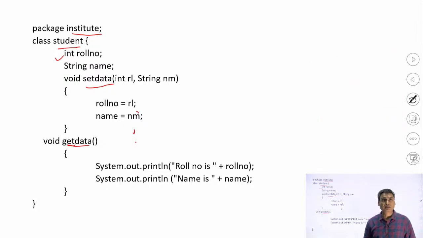To define a package, a folder with the same name should be created in the system and we give the same name in the package. A package is basically to club the common things in one folder.